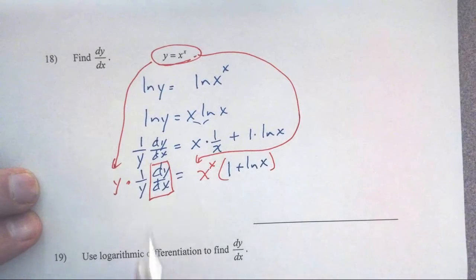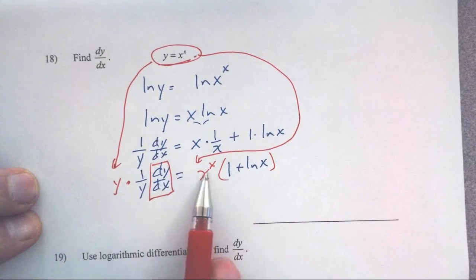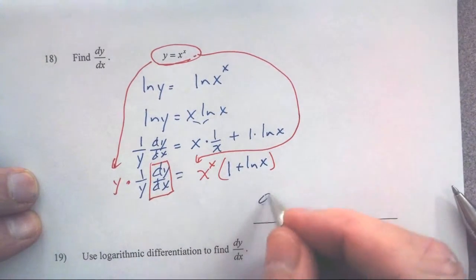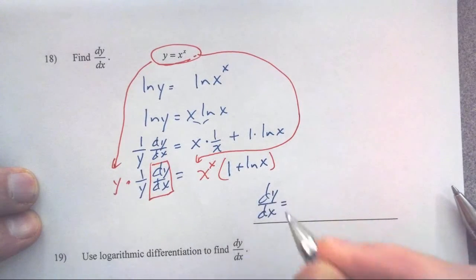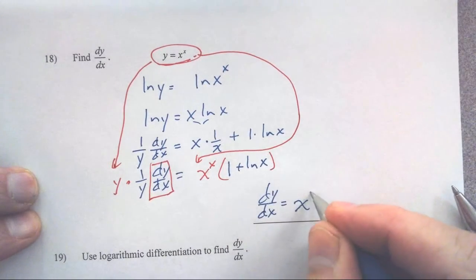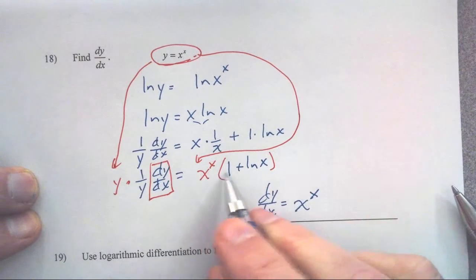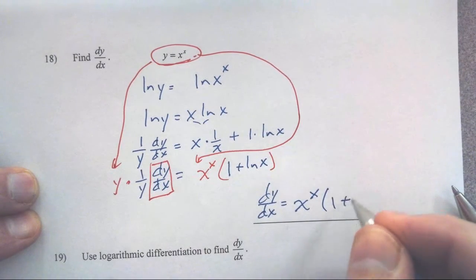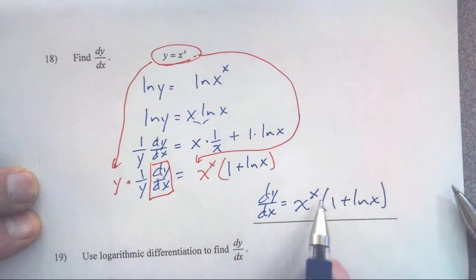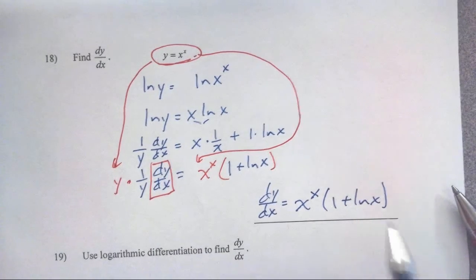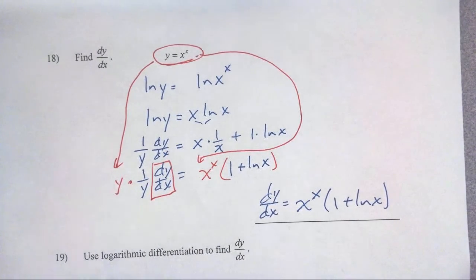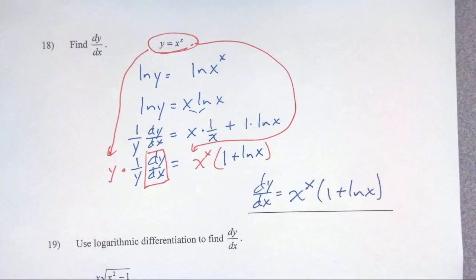I'm multiplying both sides of an equation by the same thing. So dy dx is x to the x times (1 plus ln x). You could distribute that if you want, but I'm going to leave it this way. That's one of those cases where what have we really accomplished? Nothing really reduced. I'd say that's fine.